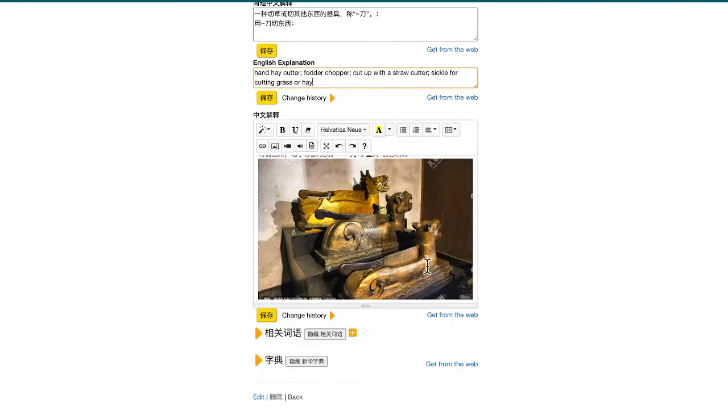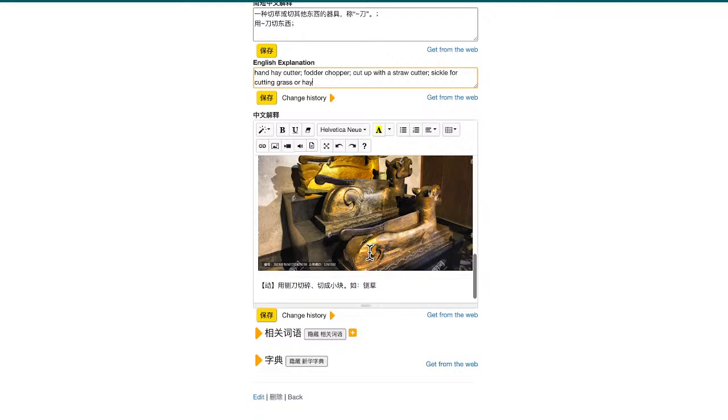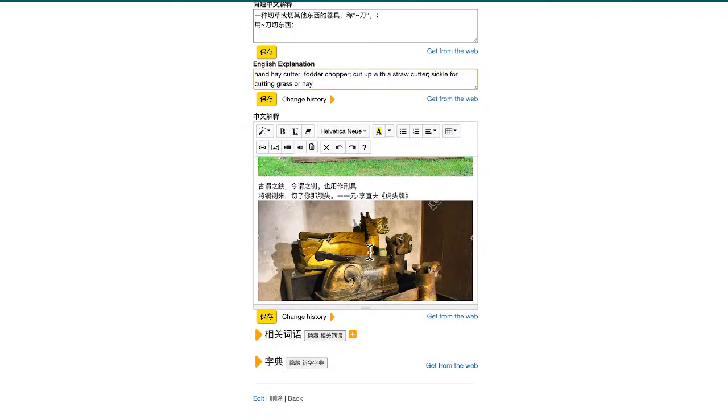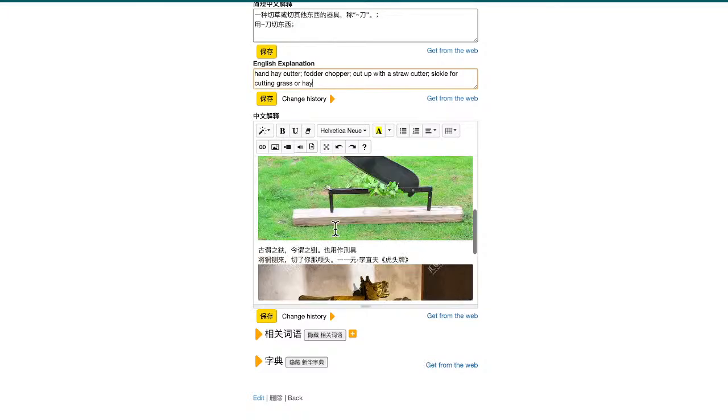It's similar to the machines in Europe that chop the criminal's head off, the same kind of thing but used in China. So these things are called 炸.